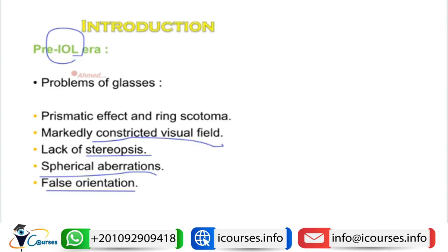So they knew that this material, which was polymethyl methacrylate, is not antigenic to the eye, and hence they thought of making intraocular lenses from the same material.